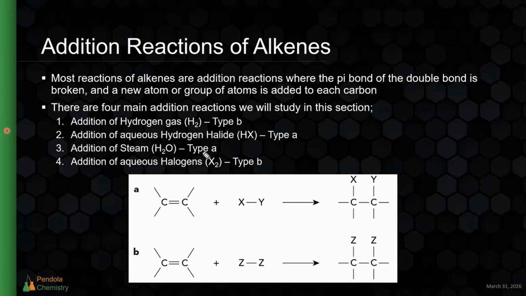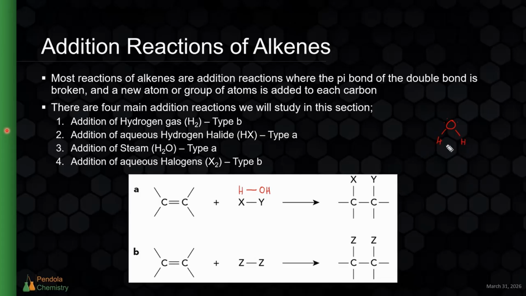The addition of steam is also a type A reaction. Remember that steam is water, right? And you might say, well, a water molecule is not made out of 2 atoms, it's made out of 3 atoms, 1 oxygen, 2 hydrogens. So how does it fit this type of reaction? Well, when we look at water in an addition reaction, what we're looking at is that we have hydrogen bonded to a hydroxide, OH.